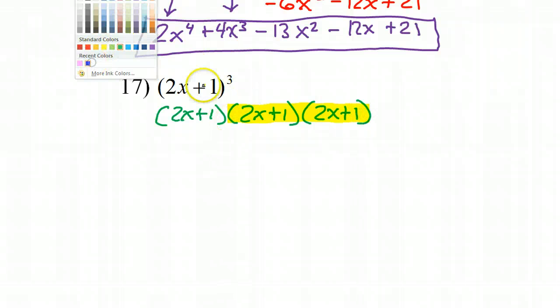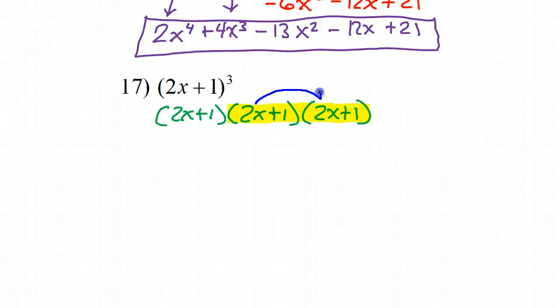Okay, so that means take your 2x and distribute like that. All right, so 2x times 2x is 4x squared. 2x times 1 is 2x. Then I take the 1 and I distribute that.